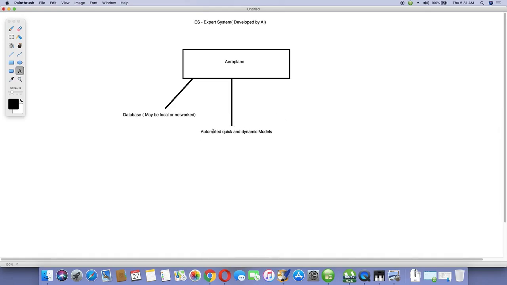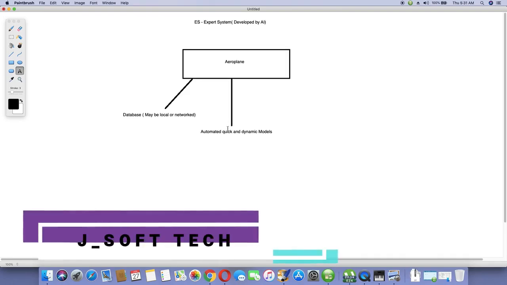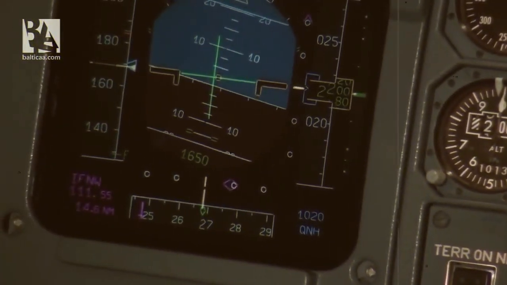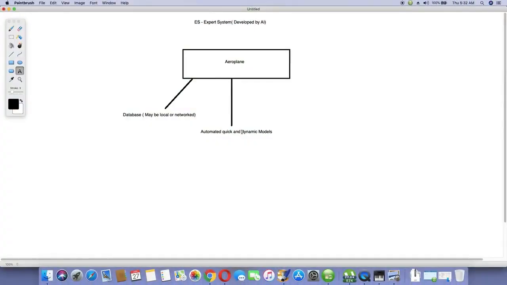There should be such models to take decisions, because the aeroplane has to take decisions quickly and automatically in accidents or emergency situations, such as a pilot's failure. The aeroplane needs to take correct, reliable decisions, and that is why there should be automated, quick, and dynamic models.